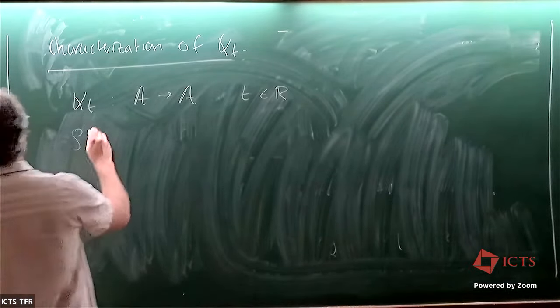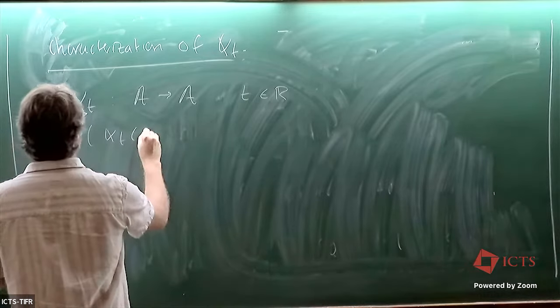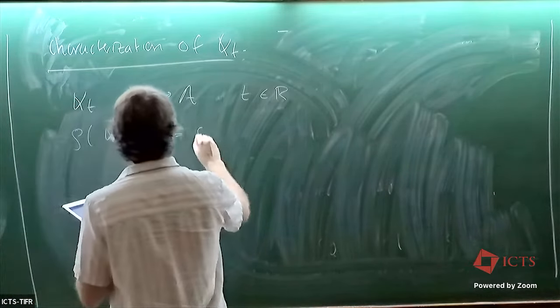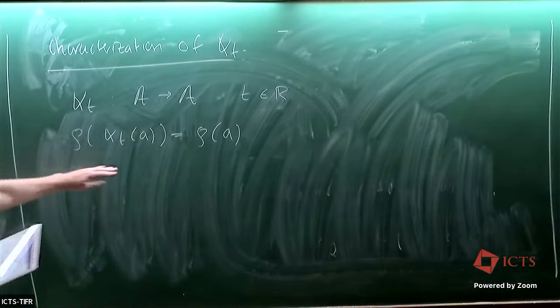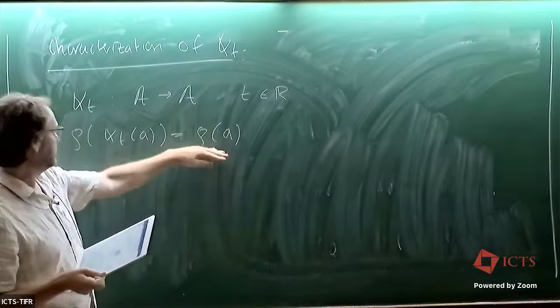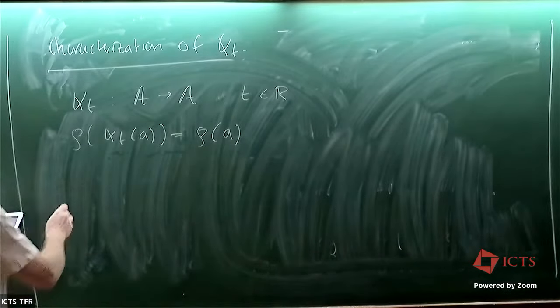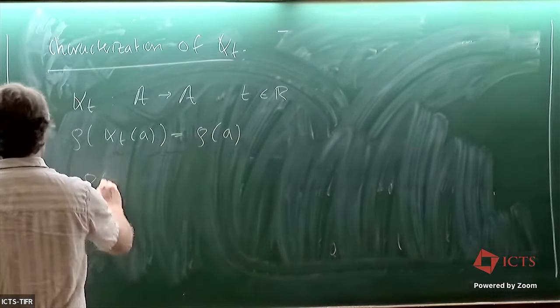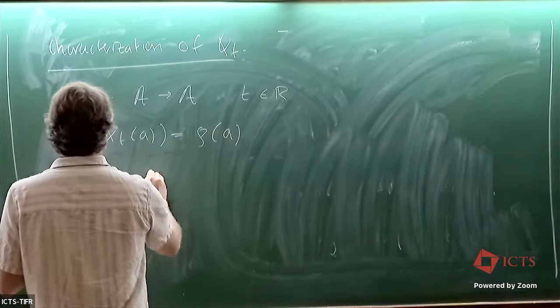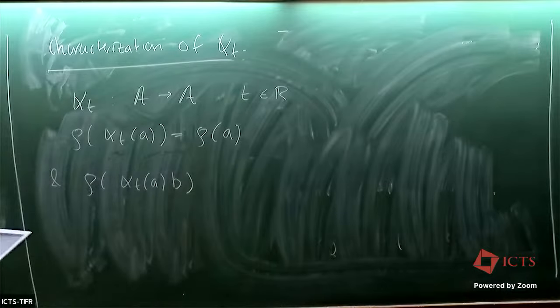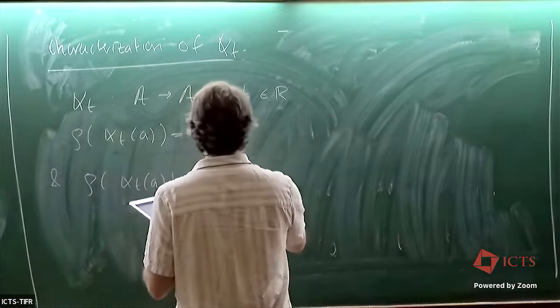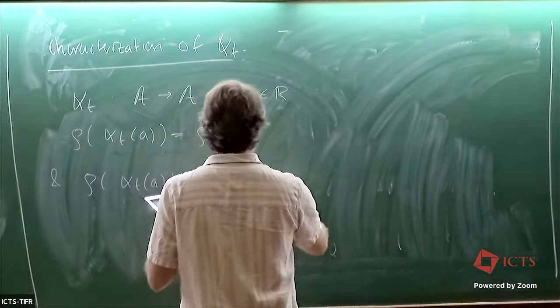If rho is left invariant, that is, if the expectation values of operators A are left invariant by this flow, and two-point functions, which you get by feeding in two operators but now you just flow one of them, satisfy what we might call the KMS condition.